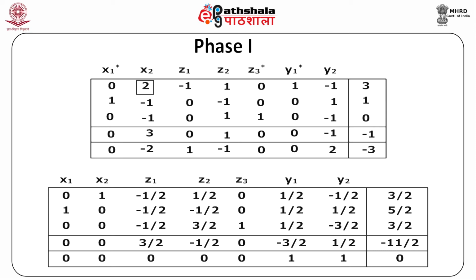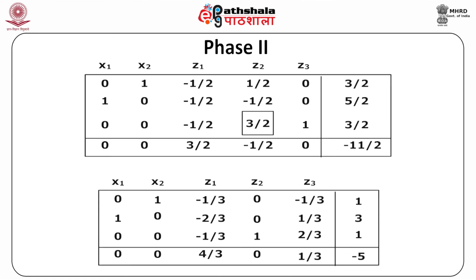We are now at an optimal solution for the first phase. In particular, we are at a basic feasible solution where x1 equals 5/2 and x2 equals 3/2. We can now remove y1 and y2, the bottom row, and solve the second phase.